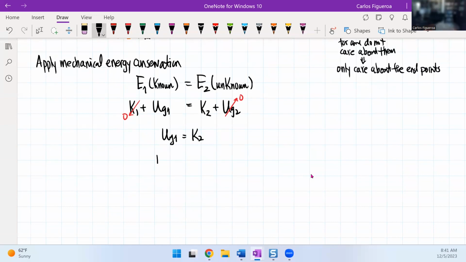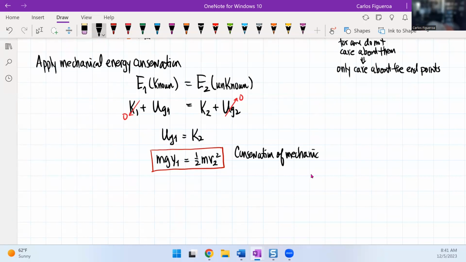So then I use mgy1 equals 1/2 mv2 squared. And what we're seeing here is that conservation of mechanical energy sets up the equation to solve for v2.